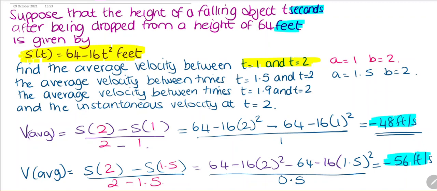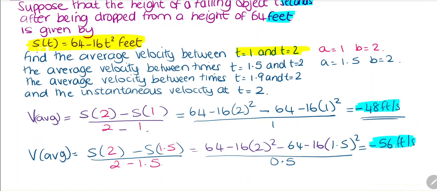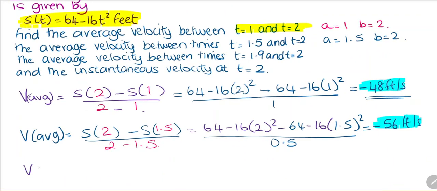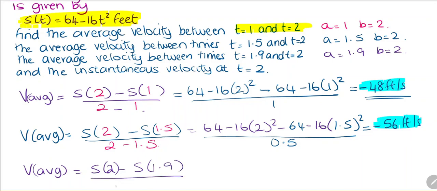Okay, so you can have a go at the next one, and then we'll check. So you should have the average velocity. So a will be 1.9 and b will be 2. So this is going to be s of 2 minus s of 1.9, and then 2 minus 1.9.